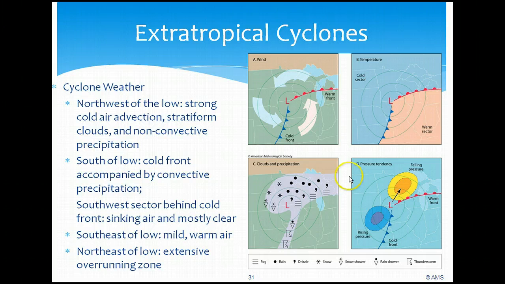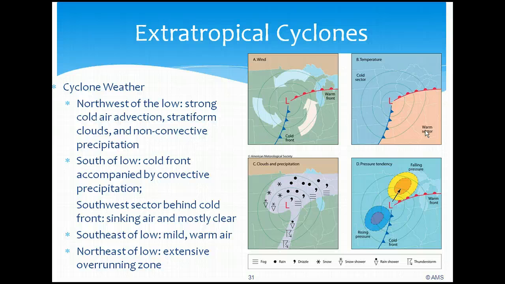Therefore, in this figure, the coldest air is northwest of the low center, where surface winds are blowing from the northwest, and the warmest air is in the southeast, where winds are blowing from the south.